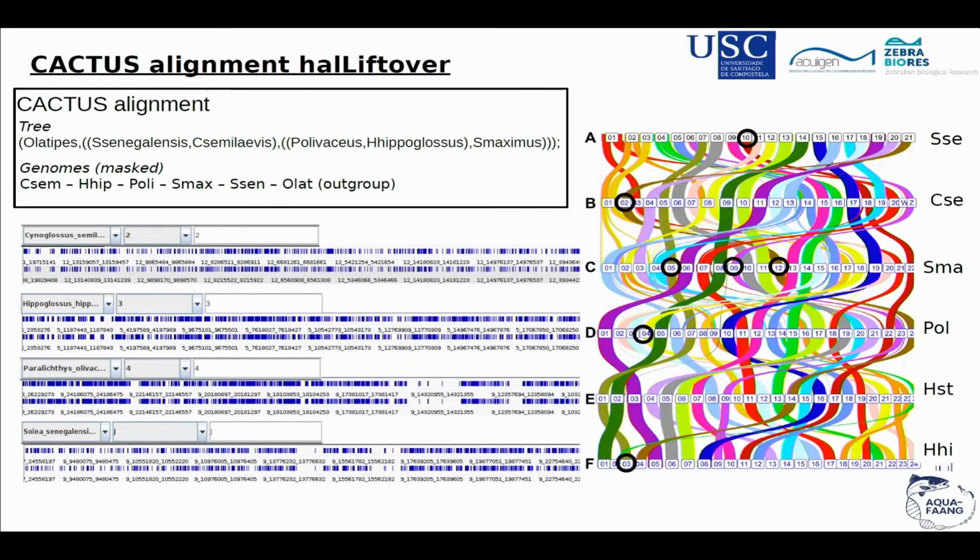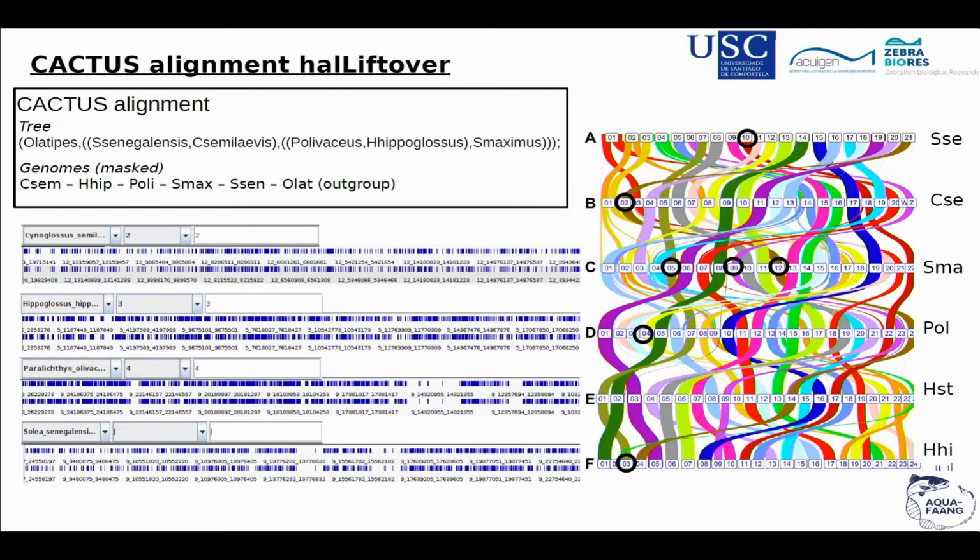In this case, we included Oryzias latipes as an outgroup, and to test if the results of the Cactus analysis coincided with those of BLAST. With the previous results, what we did was impute to the alignment the enhancers identified in turbot.